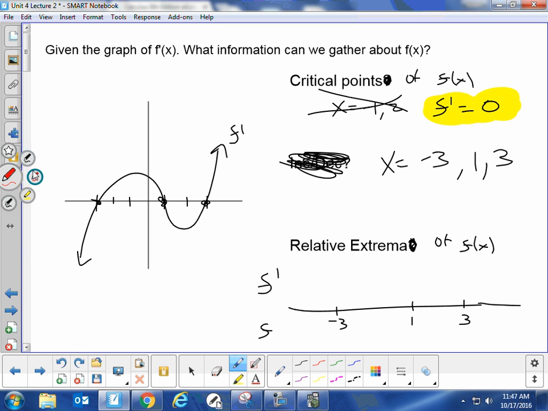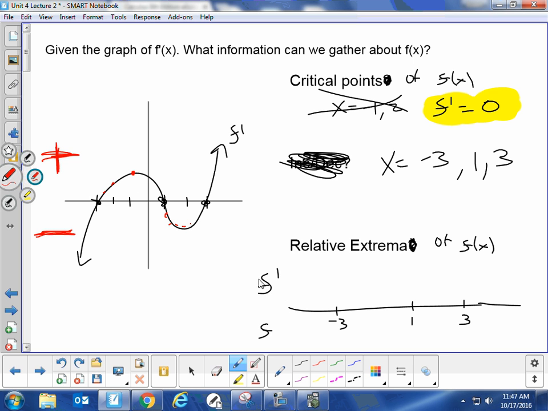Values of f prime. We're talking about the values of f prime, not the tangent slopes, the values. When you're above the x-axis, these values are positive. When you're below the x-axis, those values are negative, right?